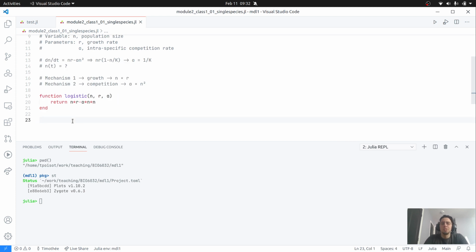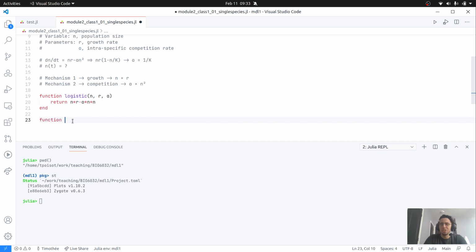We might want to get rid of the parameters for the moment. So we don't want to have to specify the value of r and the value of alpha. One of the mechanisms that we have seen to do that is to declare these as keyword arguments and give them a default value. That's a thing we can do. But there's another little trick we can do.